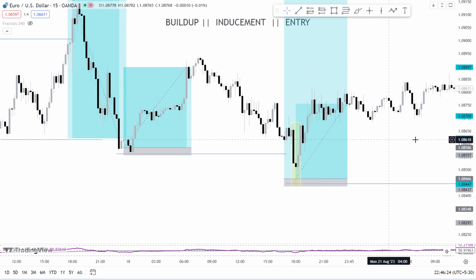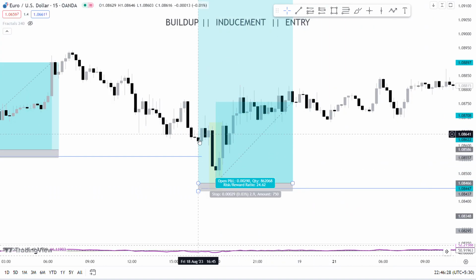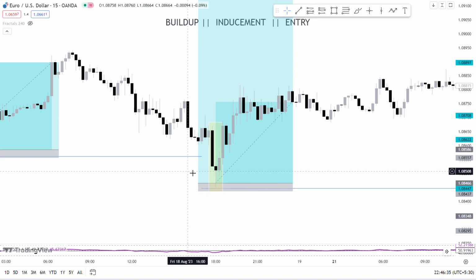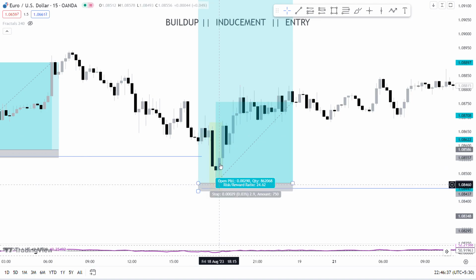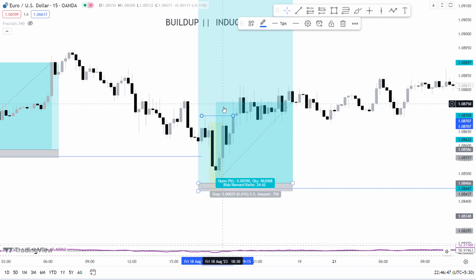If you see here, can you see this huge aggressive candle closing after the liquidity level? It just means to induce the retail people. What will the retail people think after this black candle is formed? They will think the market will go down. But the market reversed because it's just to induce the retail people and make them sell.